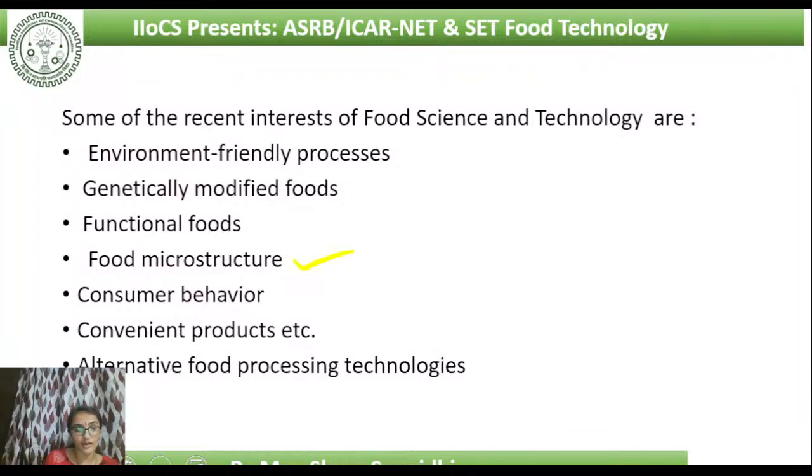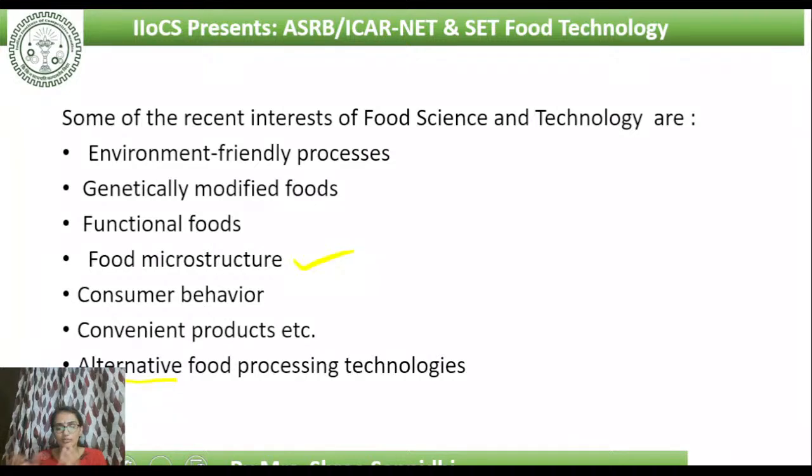This is very important. Nowadays people like to have variety, so we have to study according to their convenience. New products should be brought into the market. And the next one is convenient products. We spoke about that before. All instant products come under convenient products. Then alternative food processing technologies. Here alternative is basically used for all thermal processes.